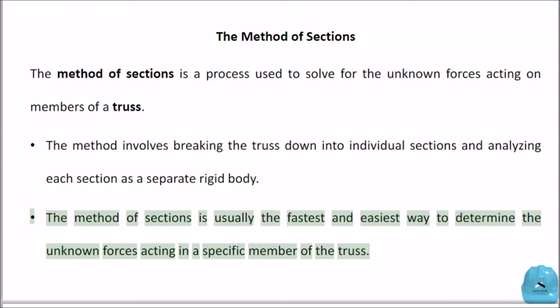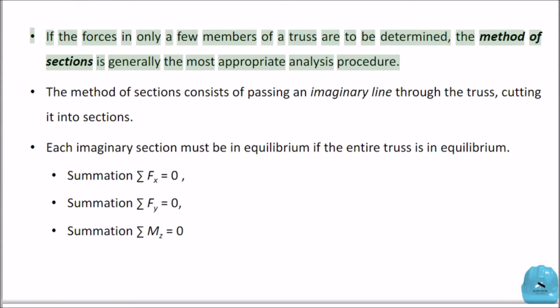The method of sections is usually the fastest and easiest way to determine the unknown forces acting in a specific member of the truss. If the forces in only a few members of a truss are to be determined, the method of sections is generally the most appropriate analysis procedure.